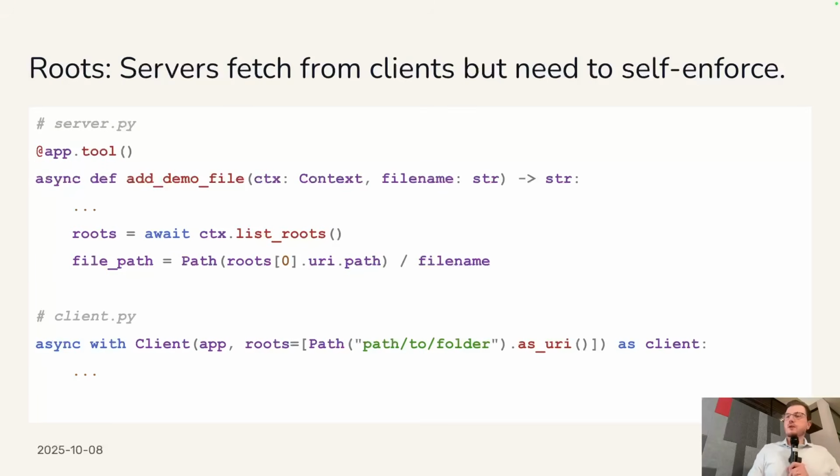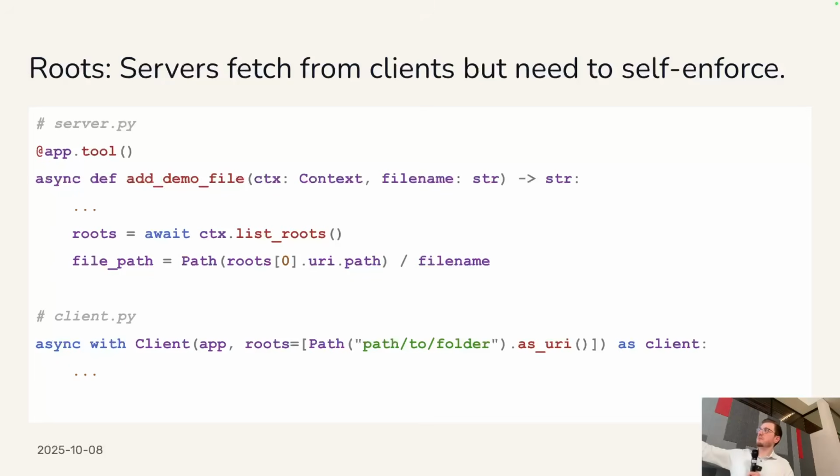Right. Routes, similar thing. You import the context. You call list routes, which lists all the different trajectories, all the different resources that your server should have access to, and then you use them in some meaningful way. Note here that if you want to use the routes, you need to enforce it yourself. Your server can absolutely still call stuff outside if it has permissions to do it, if the operating system or something else doesn't restrict it.